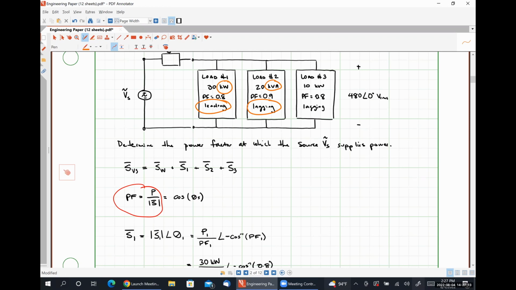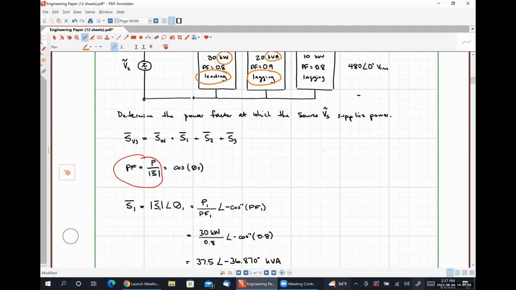If we are given units of volt amperes, we do not need to divide by the power factor because we already have the apparent power. If the power factor is leading, we need to include a negative sign when we do our angle calculation. If it is lagging, we do not need to include the negative sign. These are small things that, if you miss them, you'll wind up getting the wrong answer.